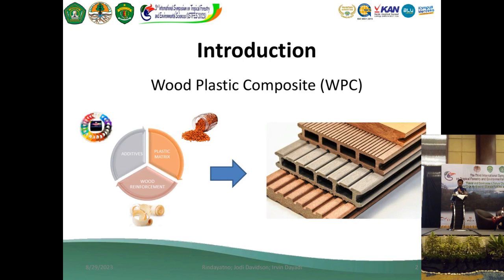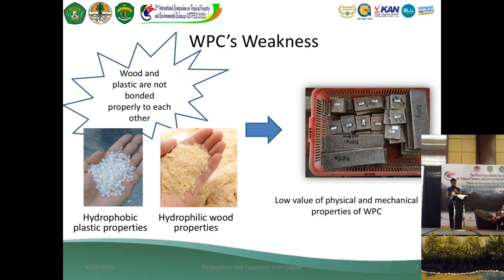WPC has the same benefit of usage of waste material like straw, wood, and other trash, as well as safety and environmental protection, low water absorption, resistant to deformation or cracking. And then, next.